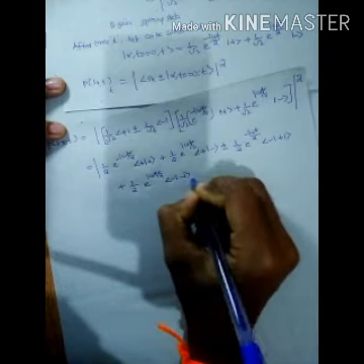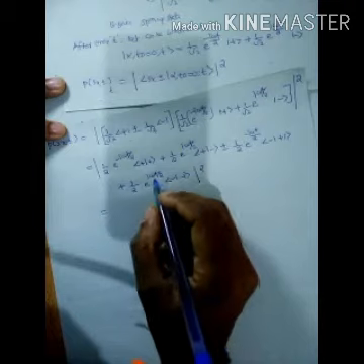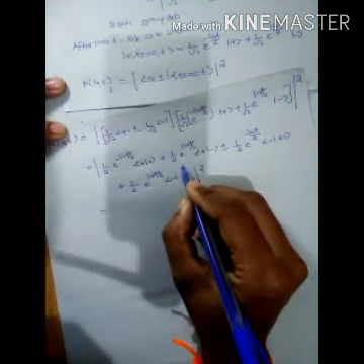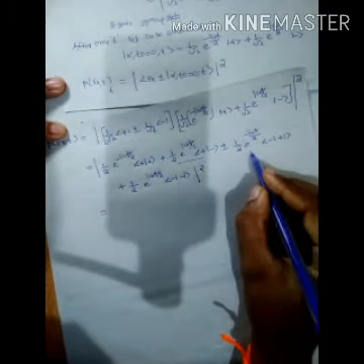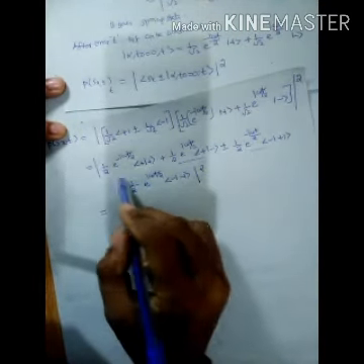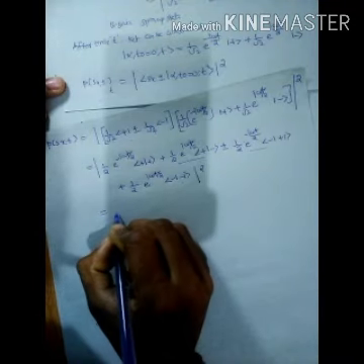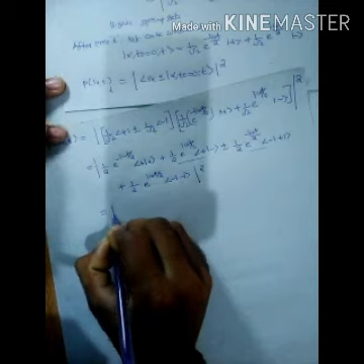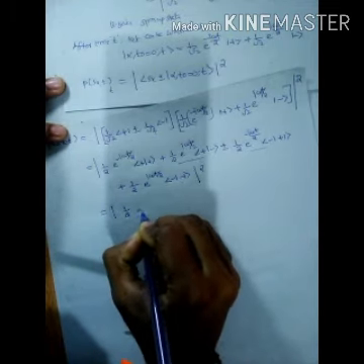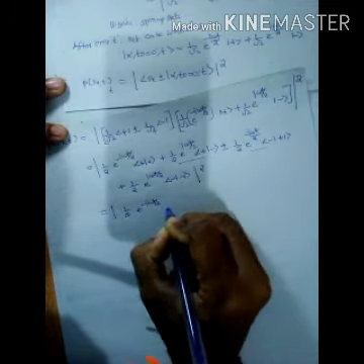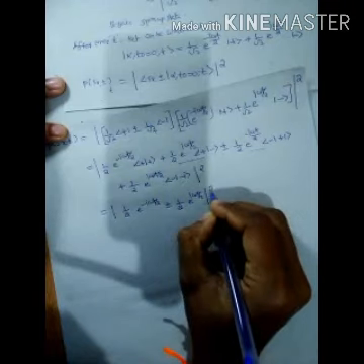The cross terms vanish. So the probability of Sx plus or minus equals mod 1 by 2 e raised to minus i omega t by 2 plus or minus 1 by 2 e raised to i omega t by 2, whole square.